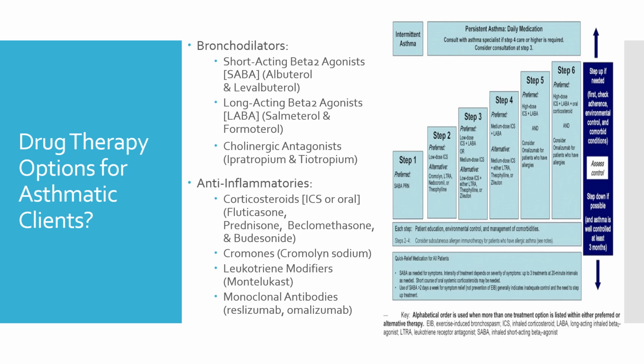But this is only the case when asthma has been well controlled for at least 3 months. So if someone is having an increase in their asthma attacks, we're going to look first at environmental factors, any triggers that we can probably avoid, and any comorbid conditions that may be exacerbating it, like the reflux, remember.